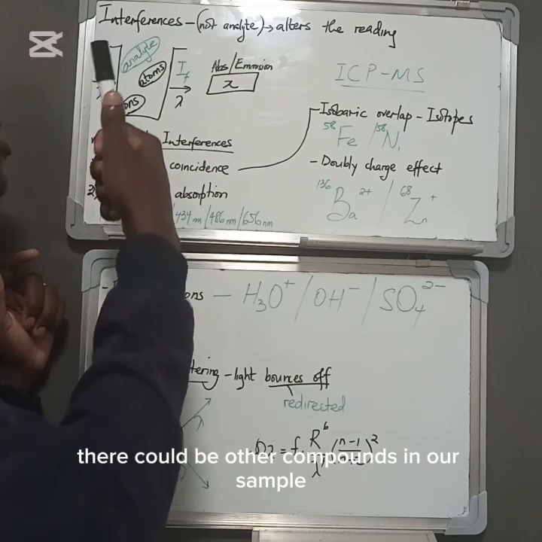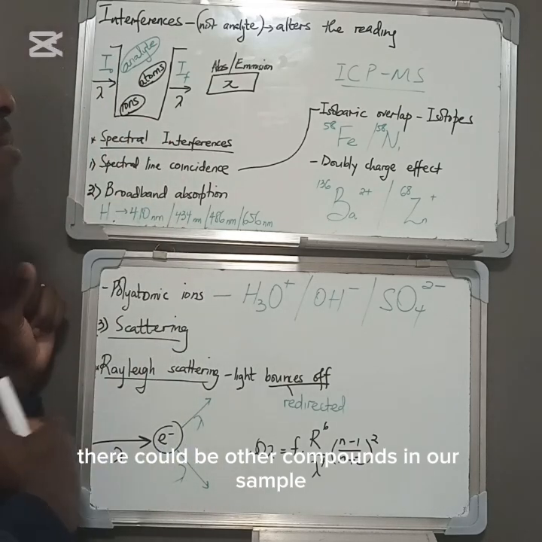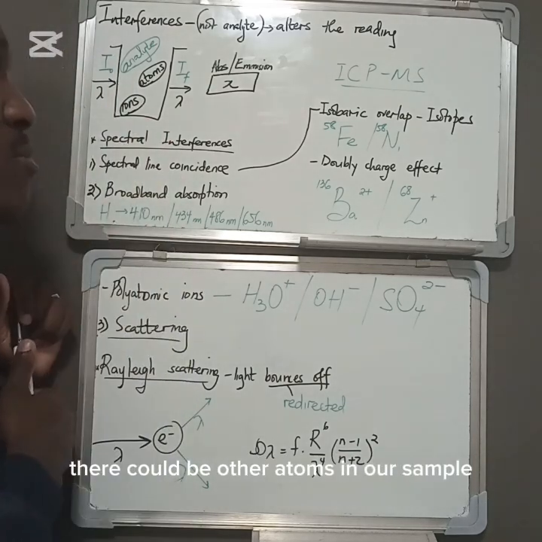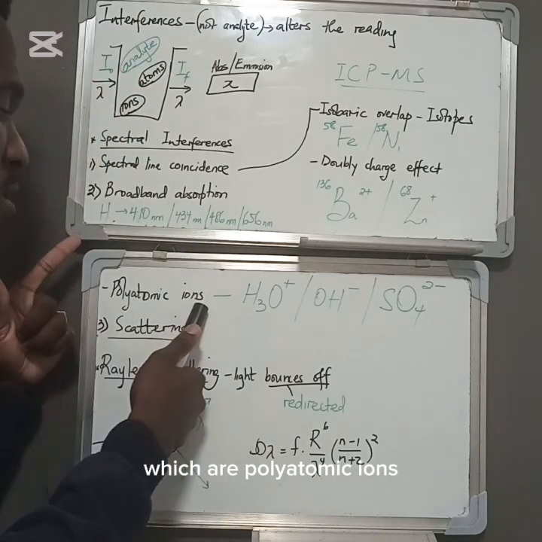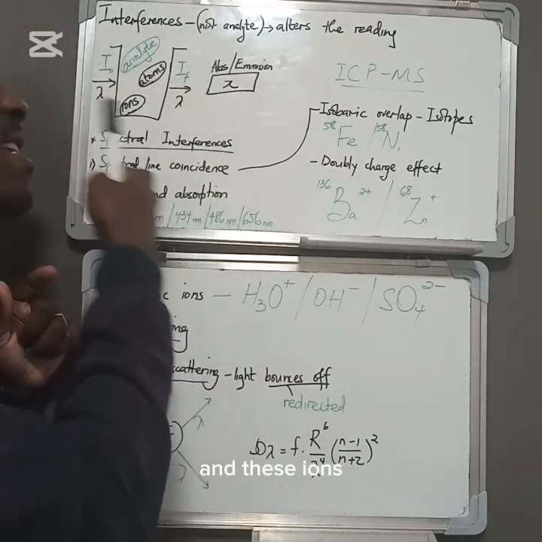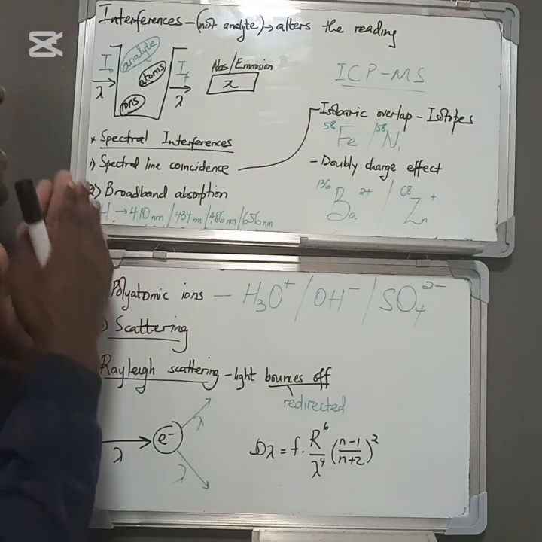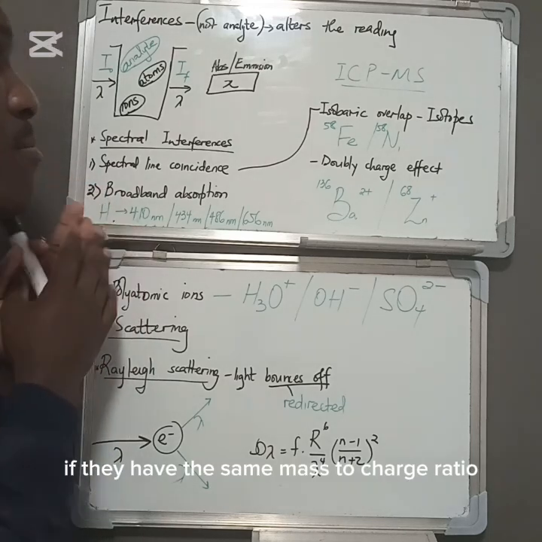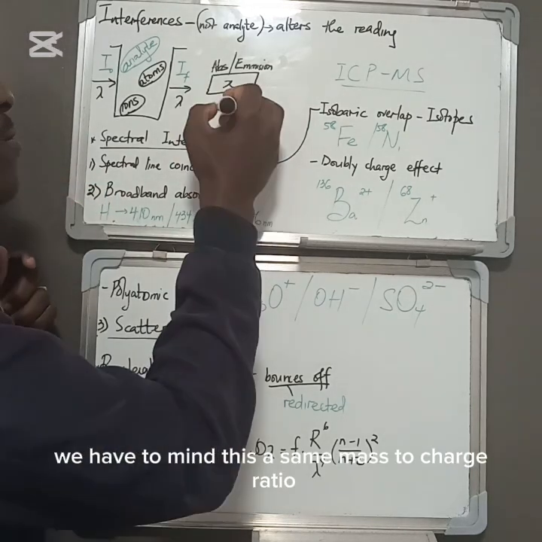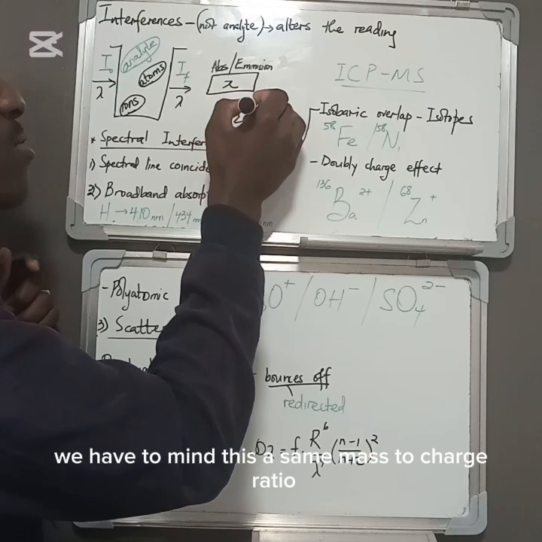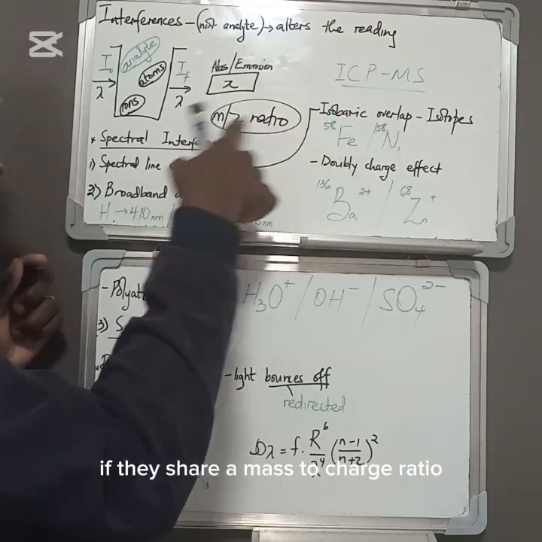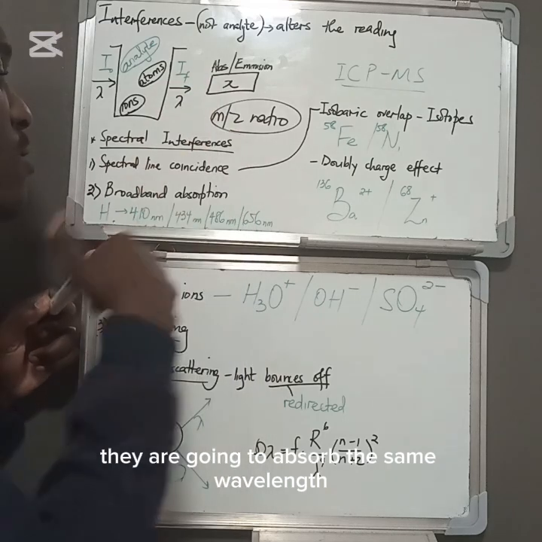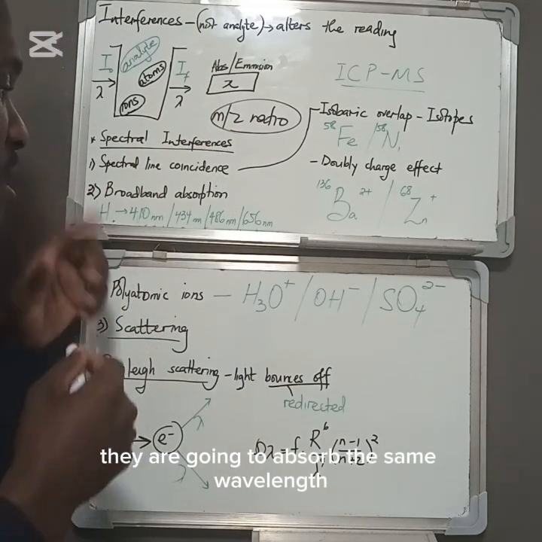There could be other compounds, other atoms, and ions in our sample, which are polyatomic ions. And these ions, if they have the same mass to charge ratio, we have to mind this, a same mass to charge ratio, are going to absorb the same wavelength.